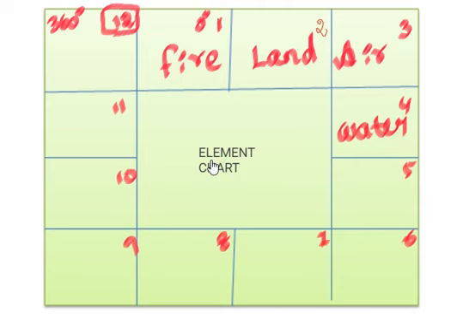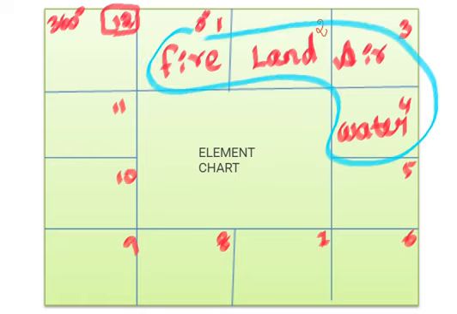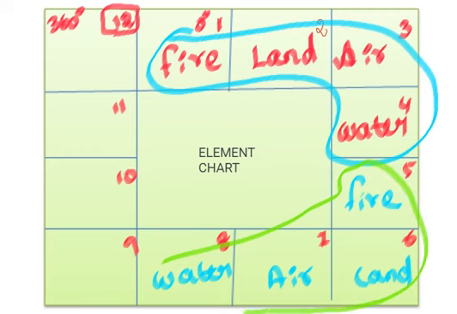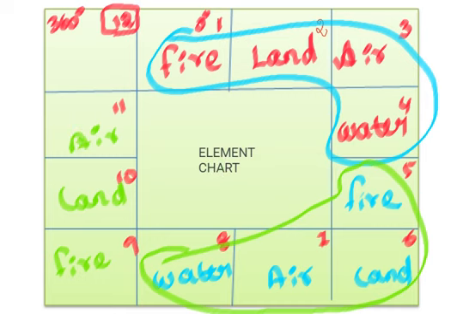Again these four will repeat: fire, land, air, water. Again this set of four repeats from the ninth house: fire, land, air, and water.